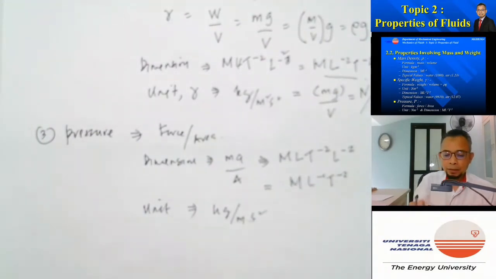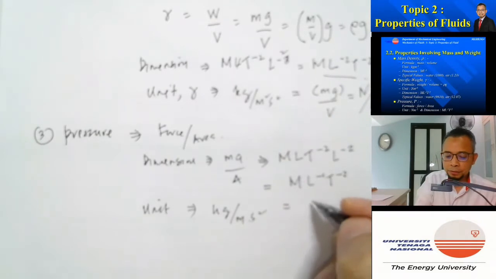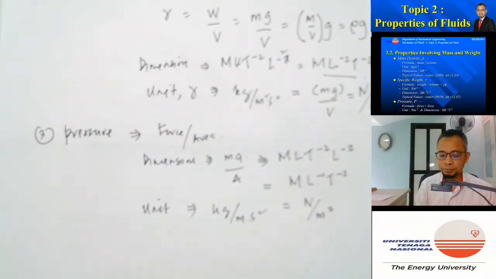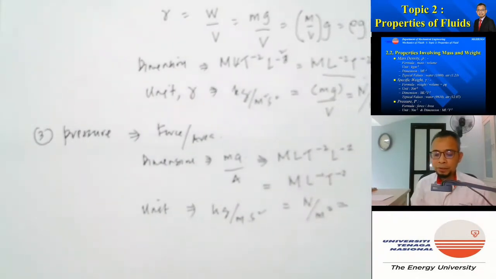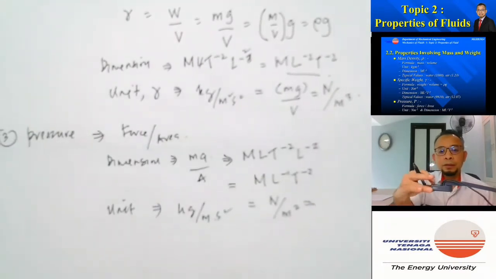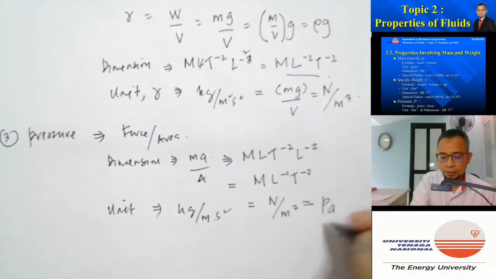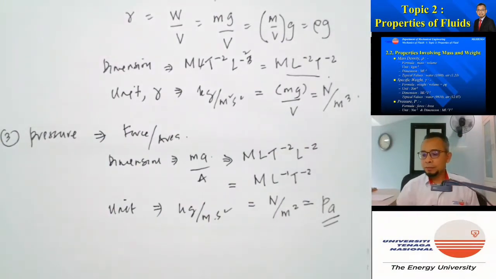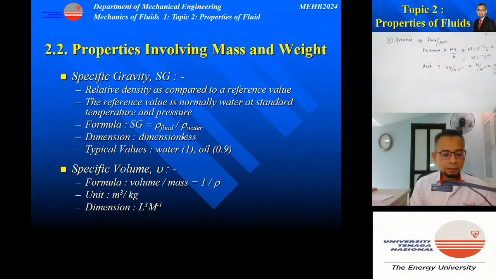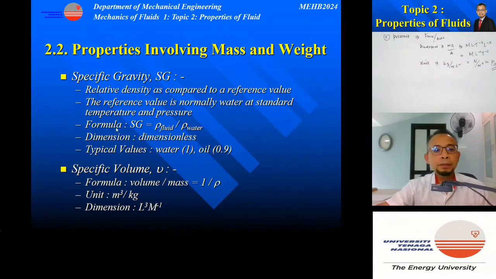But force, of course, is also Newton, so Newton per meter squared. Another name for 1 Newton per meter squared is Pascal. So the next properties are specific gravity and then specific volume.